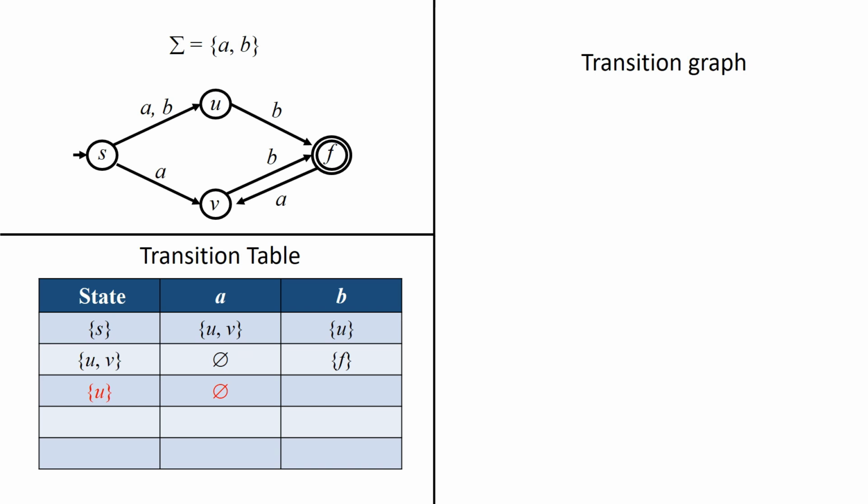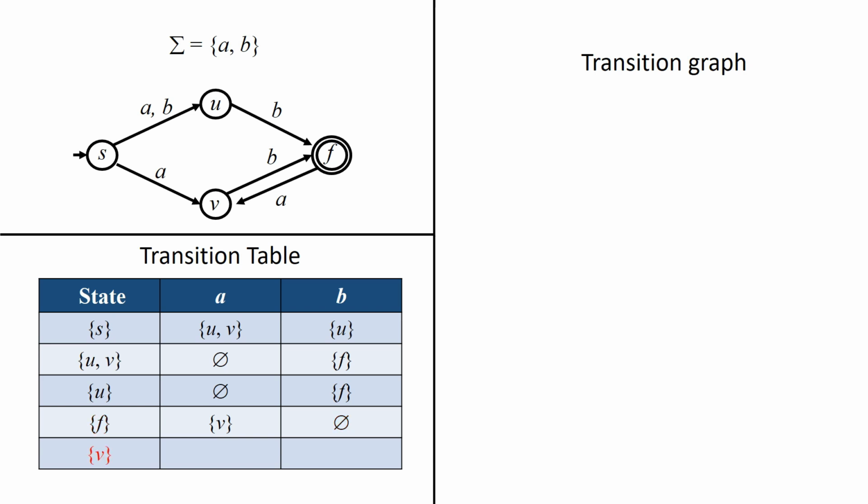From state U, with the symbol B, it goes to the state F. Next, the state F. Where does it go with A, and where does it go with B? From the state F, with the symbol A, it goes to the state V. From the state F, with the symbol B, it goes to nowhere, so it goes to the empty set. We'll do the empty set last.